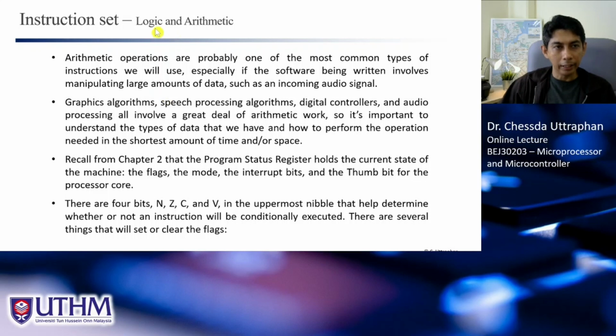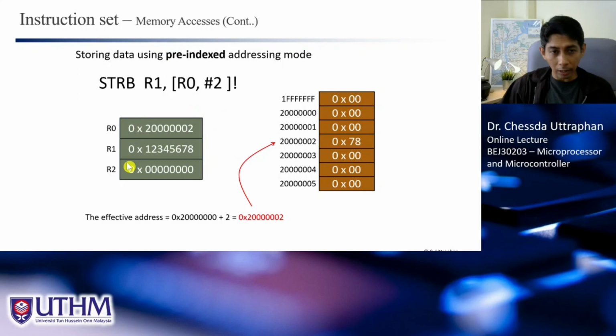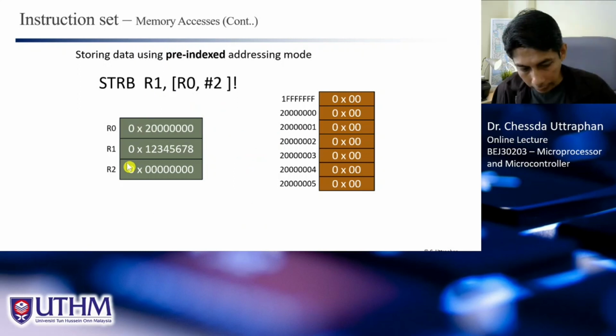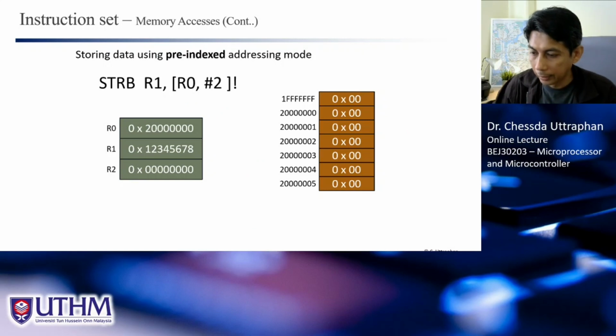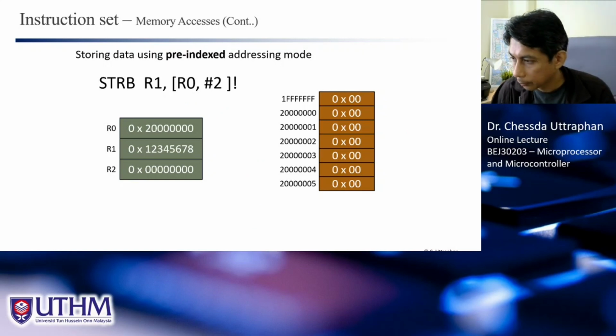Later we will look at the logic and arithmetic instructions, and before that I will show you how to use the software that yesterday I asked you to download from the website.